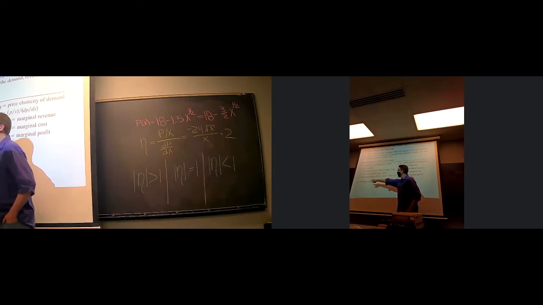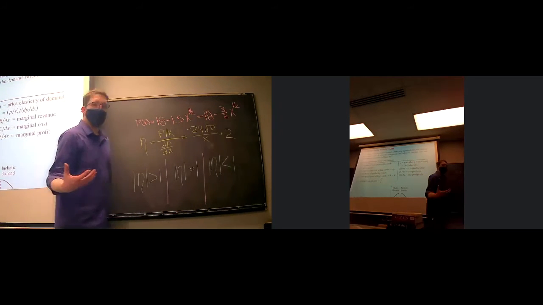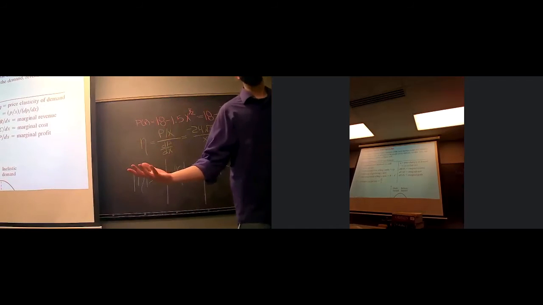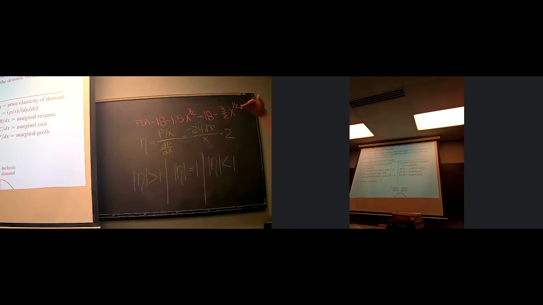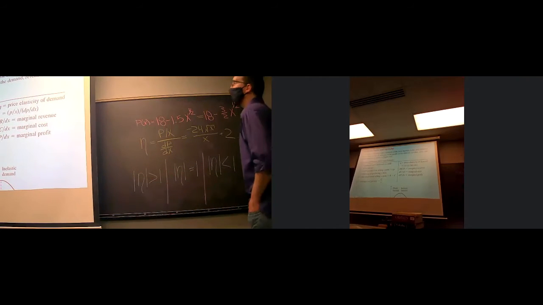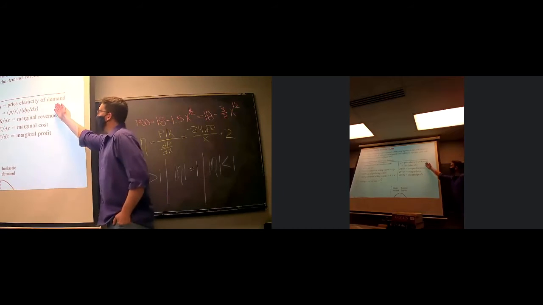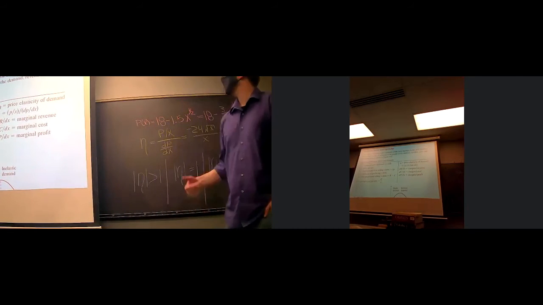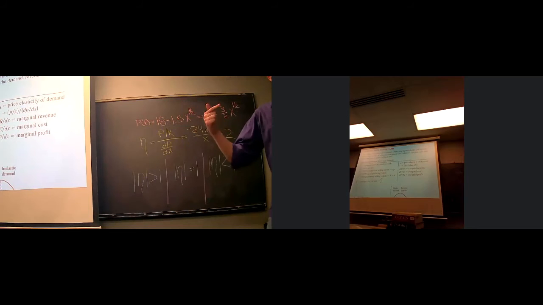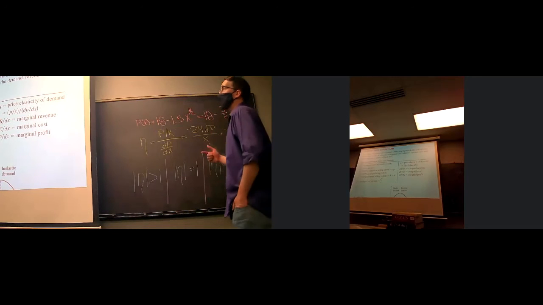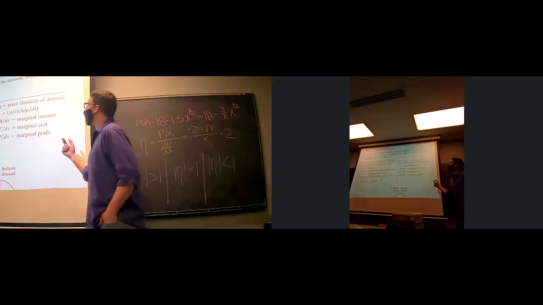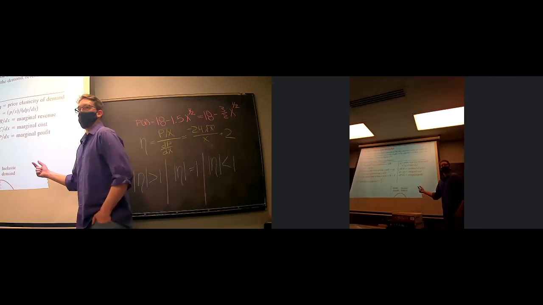Cost per unit is going to be represented using a C bar, and that's just the cost of production divided by the number of units you produced. Elasticity, we just talked about. Marginal revenue, marginal cost, and marginal profit are all the derivatives with respect to the number of units produced or sold.